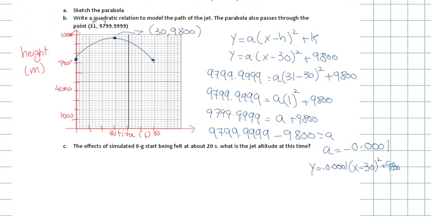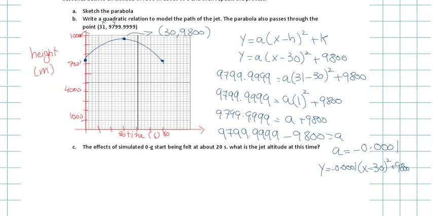Is that a trick question? Why 7,300? Because that's where it starts. No, but it's asking you what the jet altitude is. You need to know the jet altitude at 20 seconds. So what is it giving you here? The second. This here is your x value.